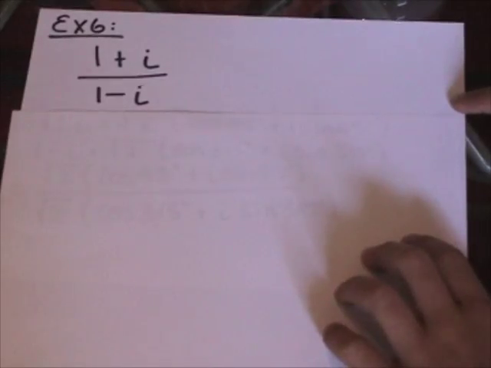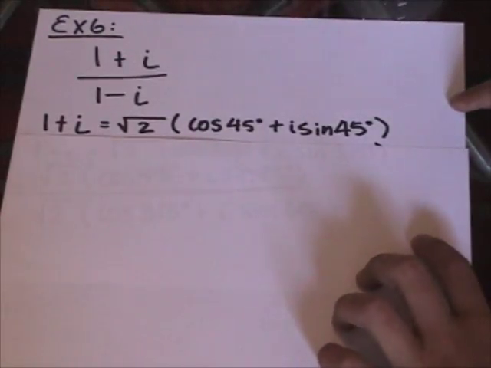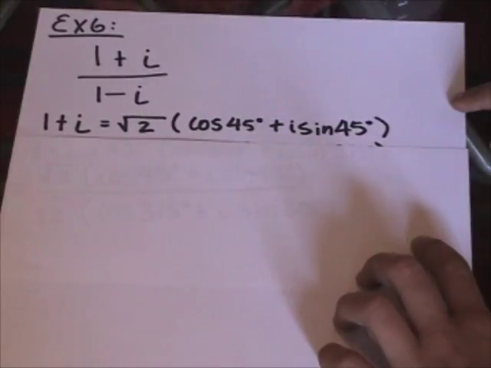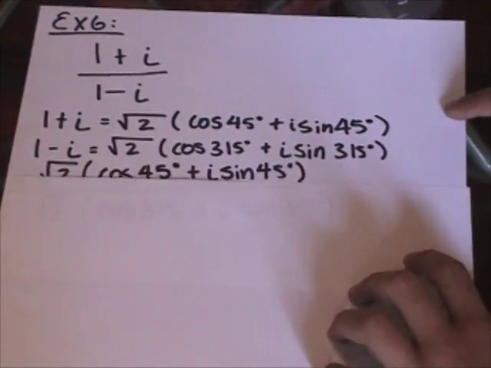So, dividing 1 plus i over 1 minus i. First, we must put it in trigonometric notation. So, 1 plus i is equal to root 2 times the quantity of cosine of 45 degrees plus i sine of 45 degrees. And 1 minus i is equal to root 2 times the quantity of cosine of 315 degrees plus i sine of 315 degrees.